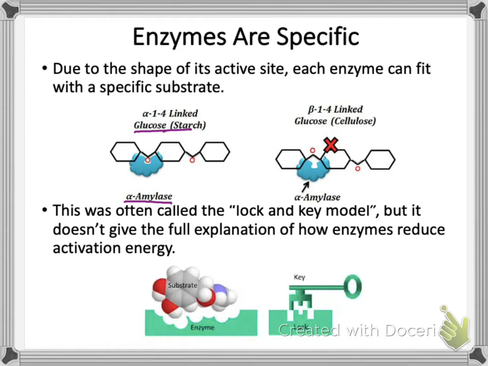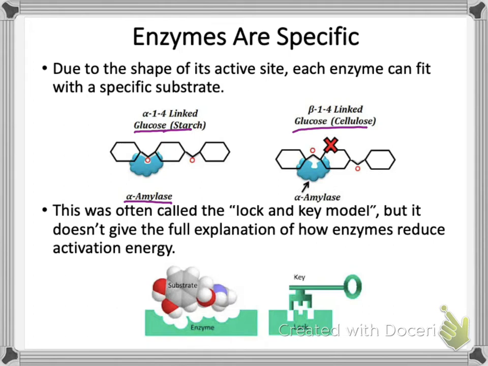But with cellulose, we have beta 1,4 linkages. You can see that in some cases, the bonds are shaped differently. They're pointing up rather than down. And amylase cannot fit with that bond, so it can't break it down. That is one of the reasons why our body cannot digest cellulose well, but it is able to digest starch.